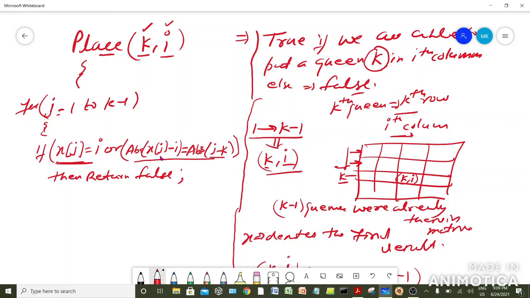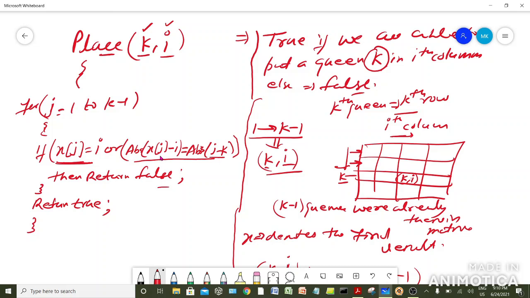If it is false, it means the algorithm didn't return. Then we will return true. We will return true after this loop. It means it has made a check for all the previously placed queens.